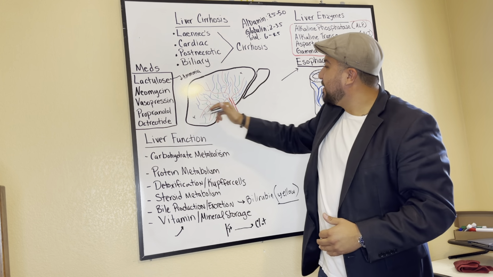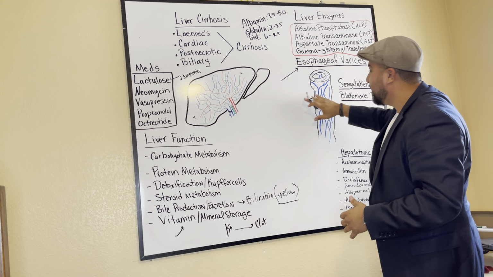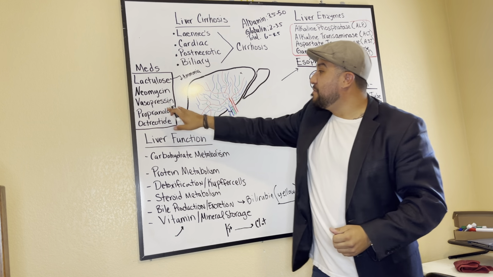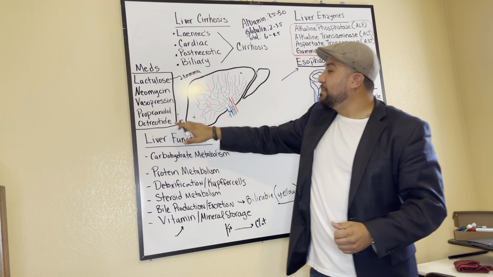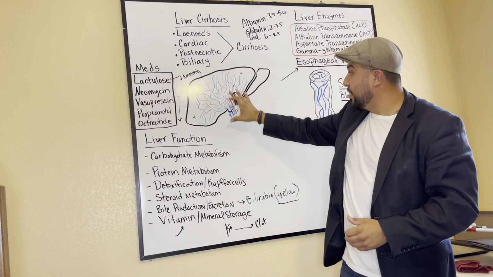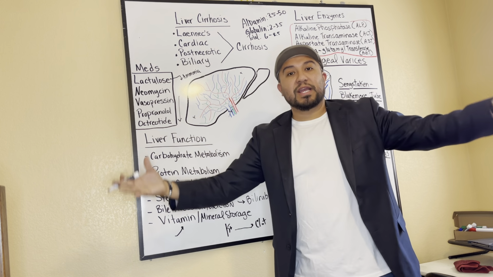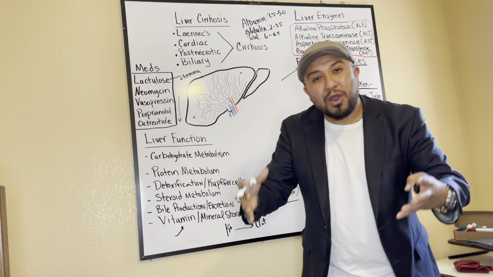Now, people that have hepatic portal hypertension have a problem with the blood backing up into the esophagus, and they have potential bleeding issues. So we give medications like vasopressin, propranolol, and octreotide because these medications decrease the pressure inside the liver. By affecting blood vessels elsewhere, they decrease the hepatic portal hypertension. And that's what we want right now.